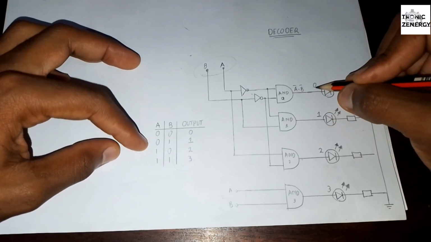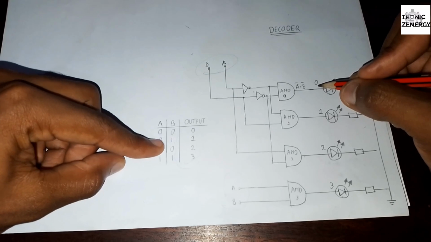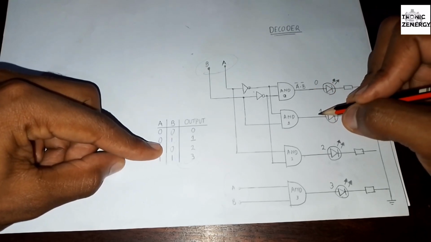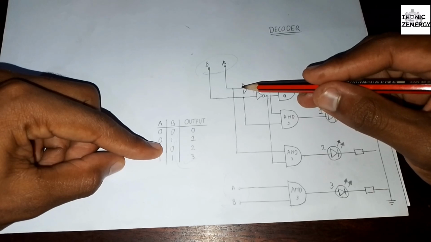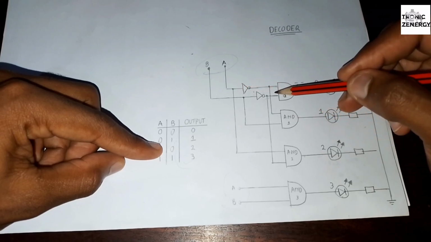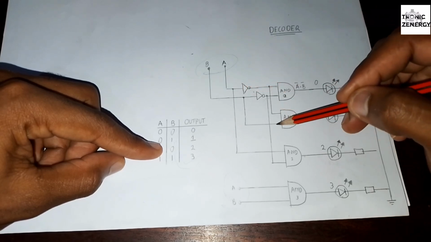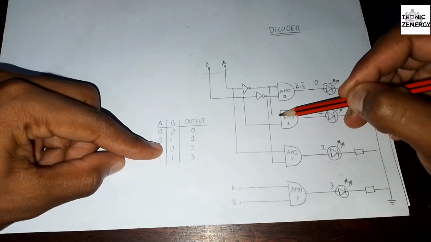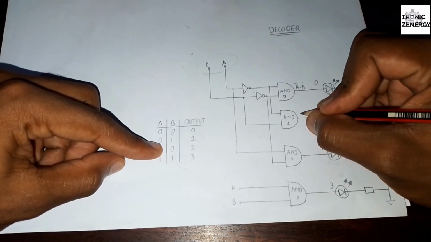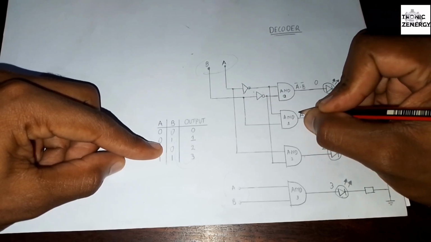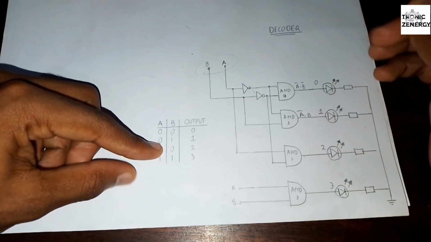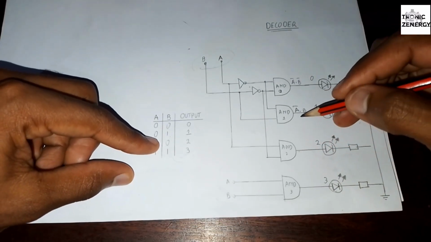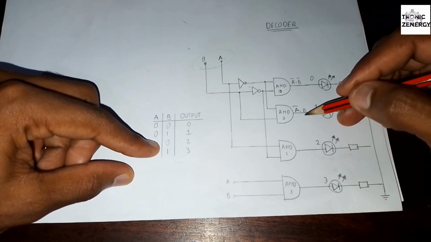That's going to give you 1 because both of them are 0. For the next one, A is the one which is negated, but B is just the way it is. So the Boolean expression is A complement and B. That's the output of the AND gate.